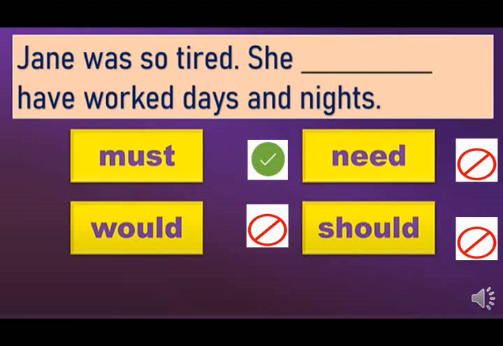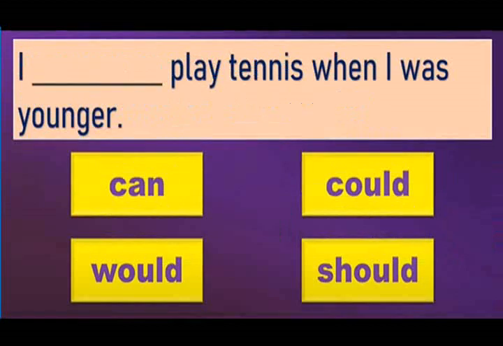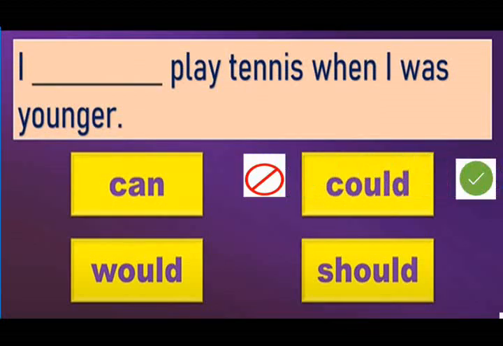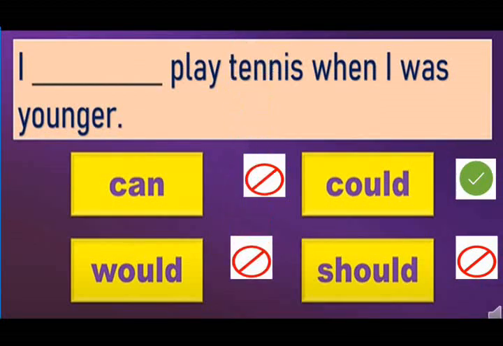So the answer would be must. Next: I could play tennis when I was younger. As I said, the past tense of can is could. So it becomes could in the past tense. The answer is could. Can, would and should are wrong.